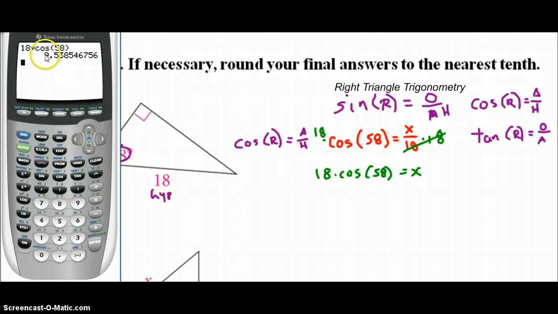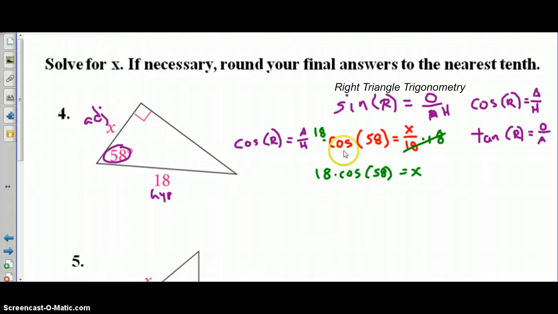We can see that our side length, the adjacent side, is 9.5 units long, rounding to the nearest tenth. And so therefore, x is equivalent to 9.5. Let me rewrite that: the adjacent side is 9.5.